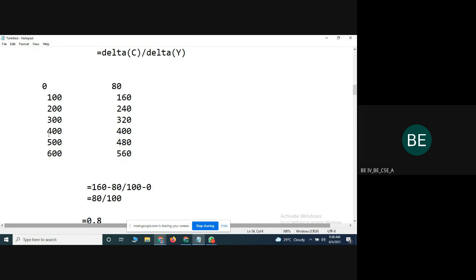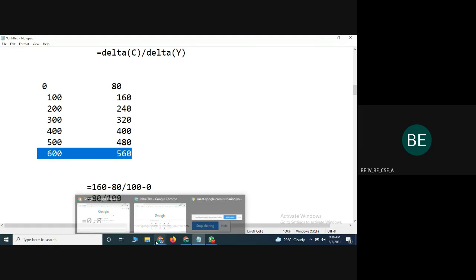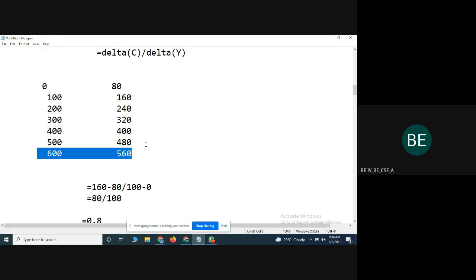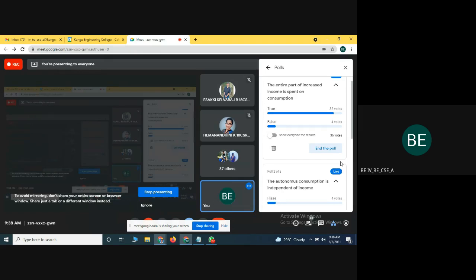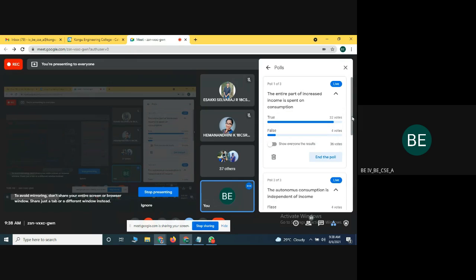After a certain period of time, the income keeps increasing, but the expenditure also increases. The person's consumption is well less than the increased income. So the statement is false. First one is false.